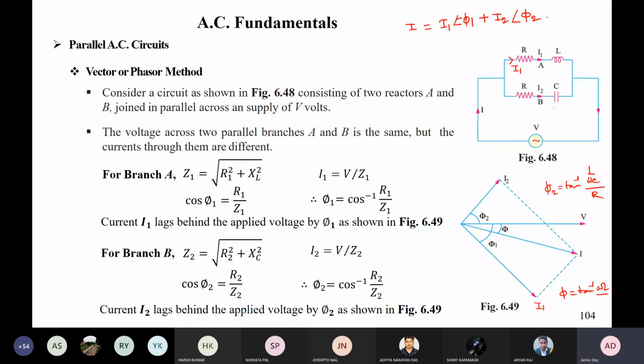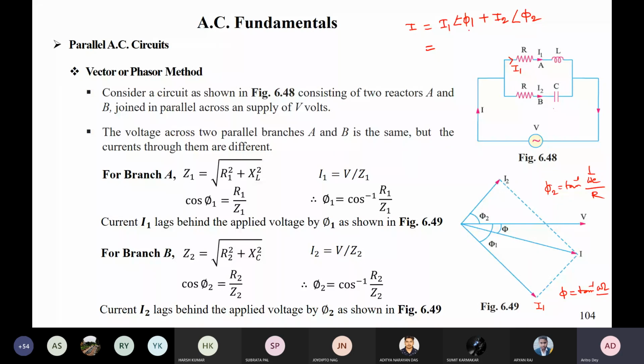To solve this, you can always change from polar to Cartesian. In your calculator, you will see there are Rec and Pol functions. If you want to convert from polar to rectangular, you can use the Rec command with the I1 value and the phi value.